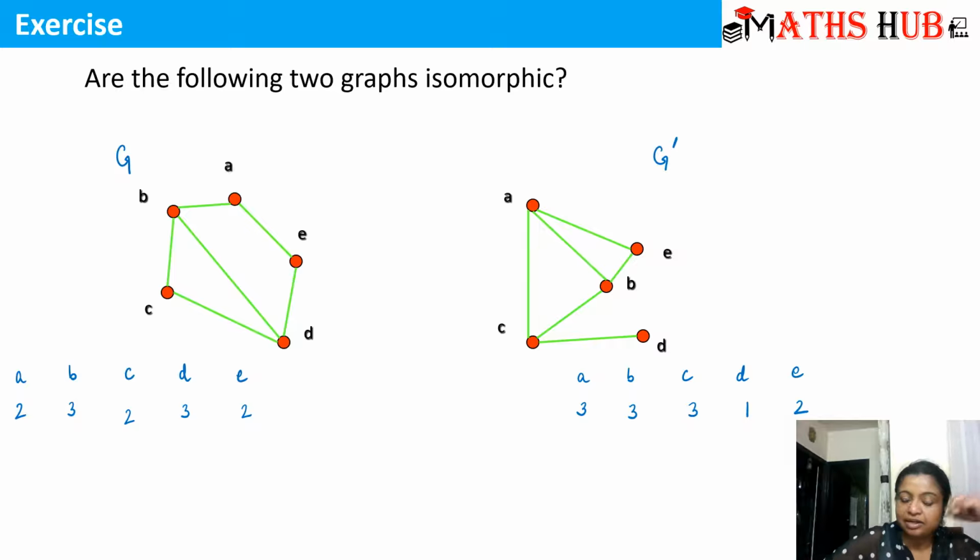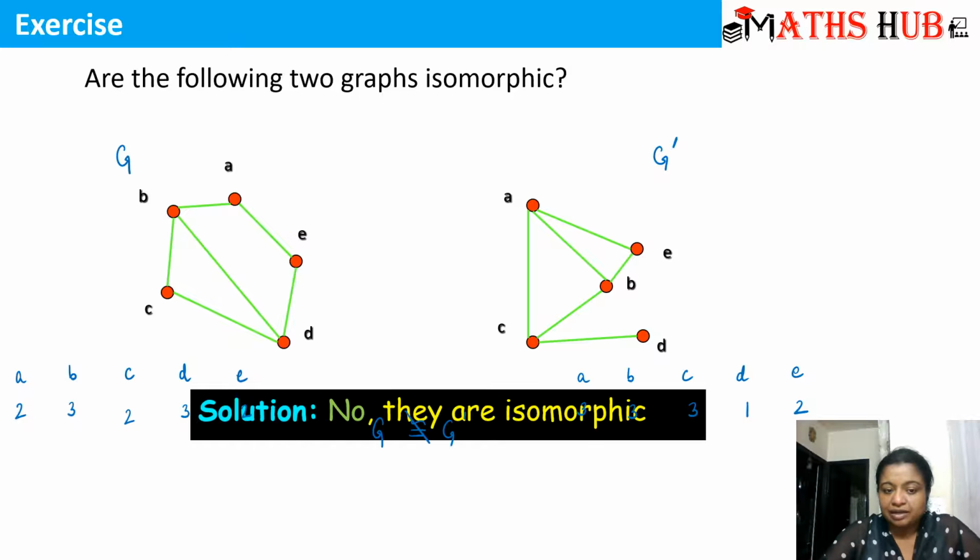If you check the degree sequence, you have 3 vertices with degree 2 and 2 vertices with degree 3 in G. But in G dash, there are 3 vertices whose degrees are 3, one vertex whose degree is 1, and one vertex whose degree is 2. So the degree sequence is not the same. And hence we can say that G is not isomorphic to G dash. Right?